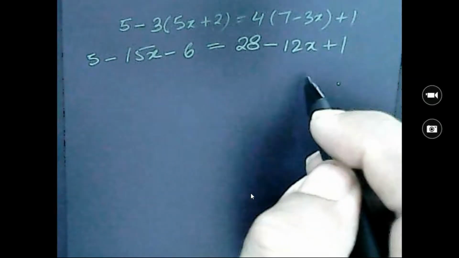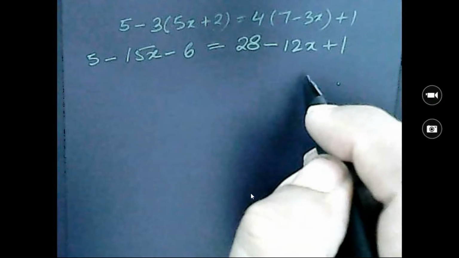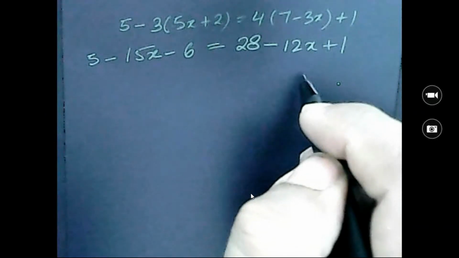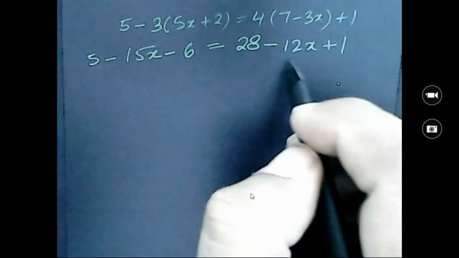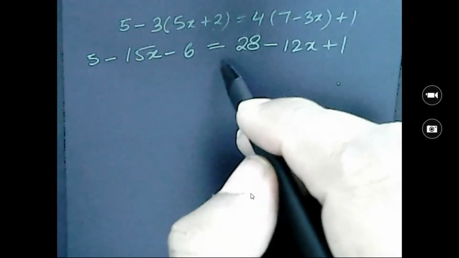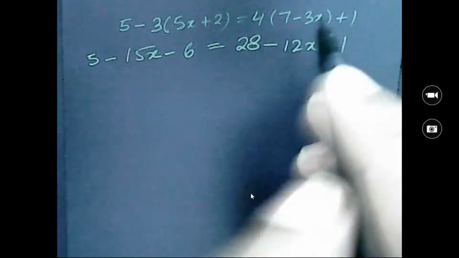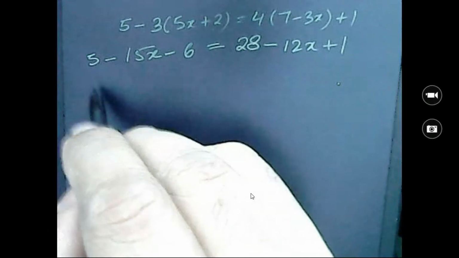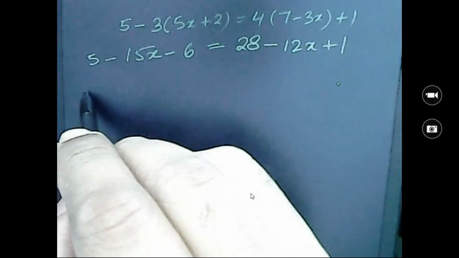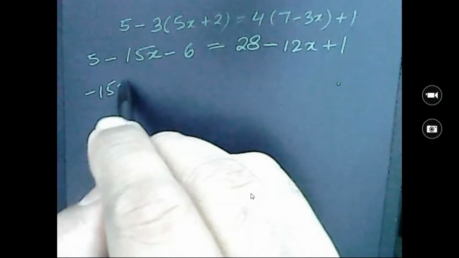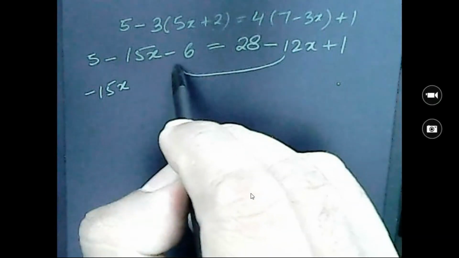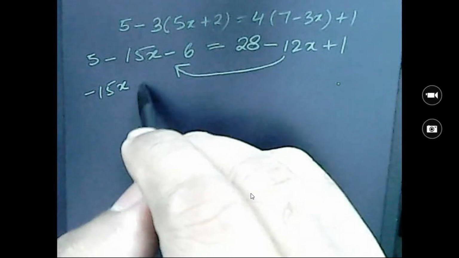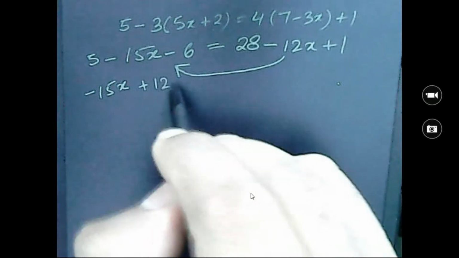Alright? Now do one thing. Go ahead and put all the variables on the left hand side and all the constants on the right hand side. So you can mark it first of all, minus 15x, right? And if you move this 12x to LHS, it will become plus 12x.